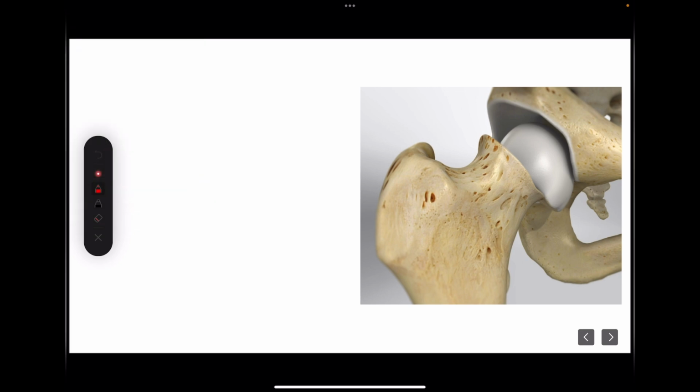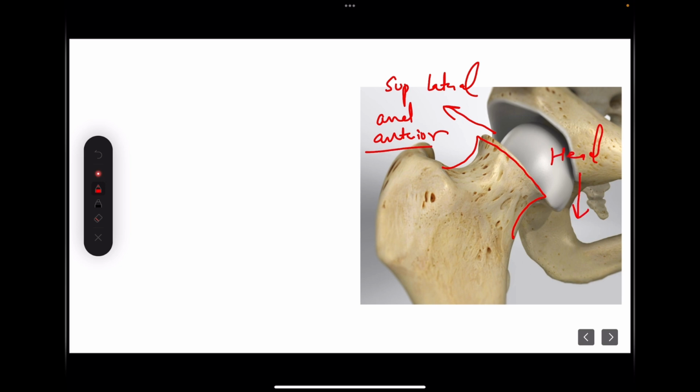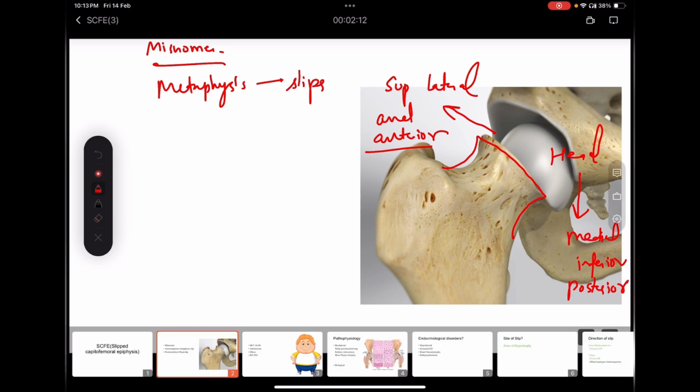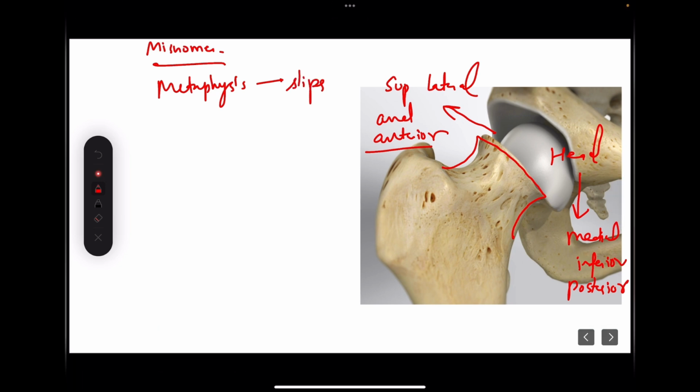This diagram shows that the metaphysis of the femoral head is going in a superior, lateral, and anterior direction in relation to the head. So relatively the head is going medial, inferior, and posterior. We have already discussed that this condition is a misnomer. It is basically the metaphysis which slips, not the head. The head is slipping relative to the metaphysis, not actually.